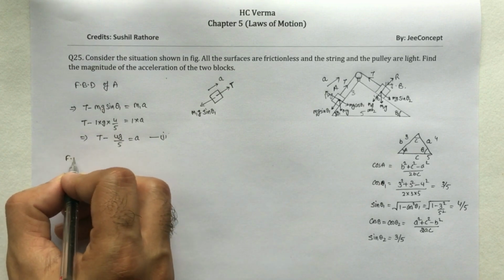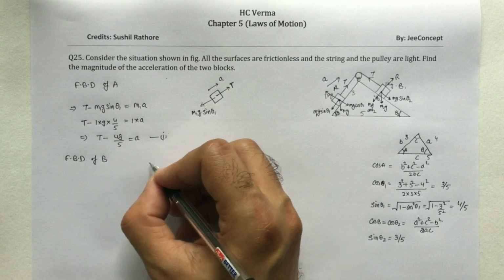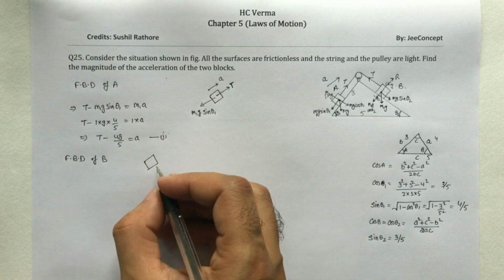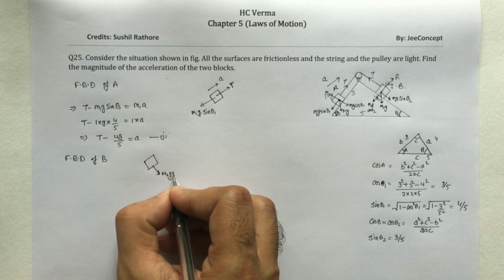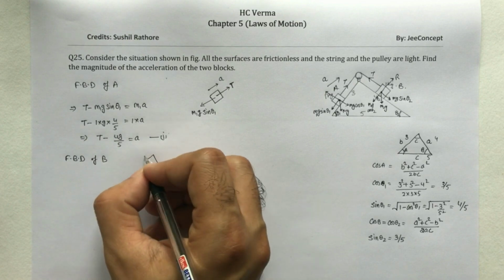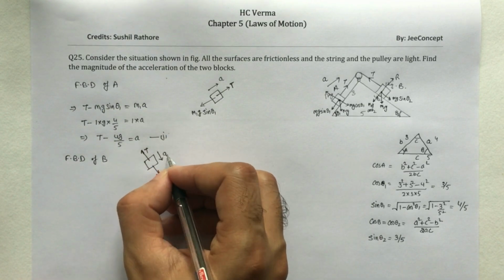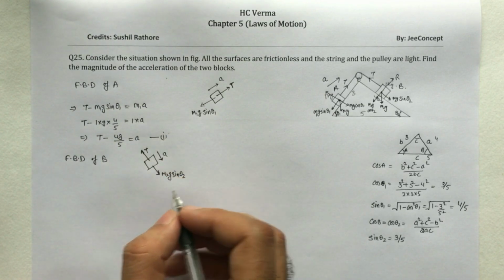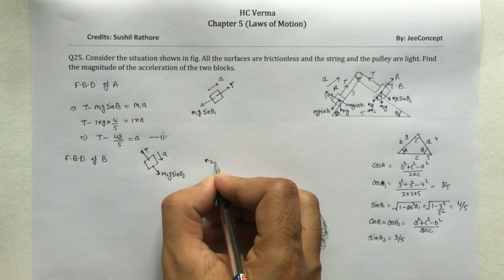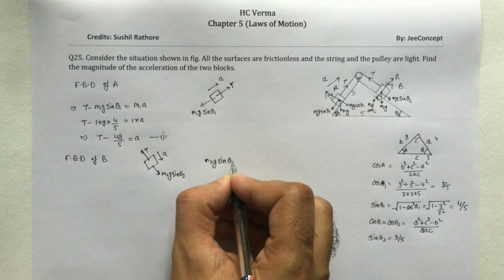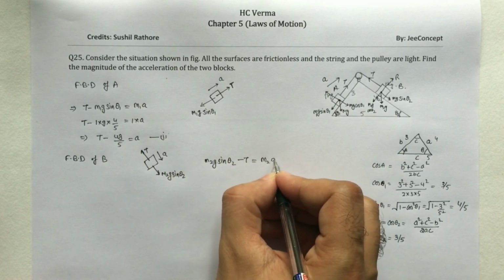Similarly for the FBD of B, say this is the B block and there is a force m2g sine theta 2 acting in the downward direction, tension T here, and the block is moving with an acceleration A in this direction. So the equation becomes m2g sine theta 2 minus T is equal to m2A.